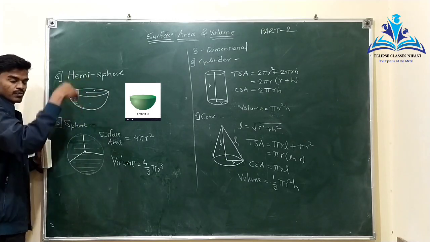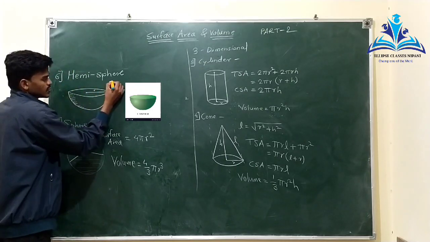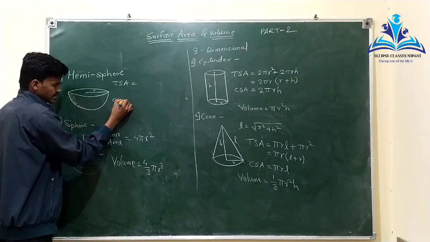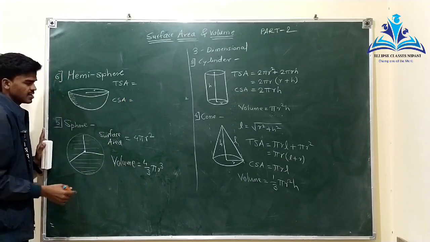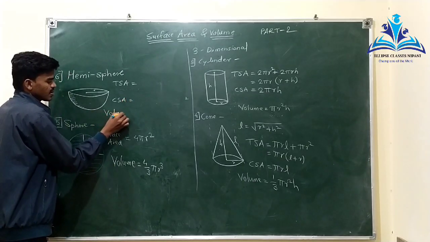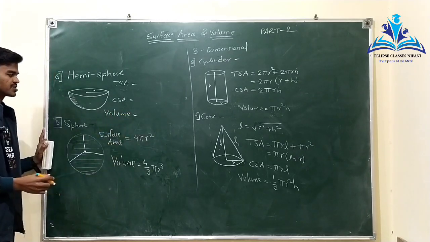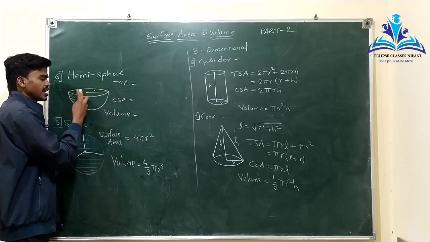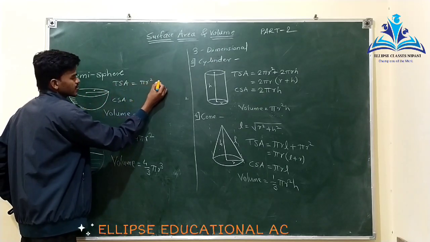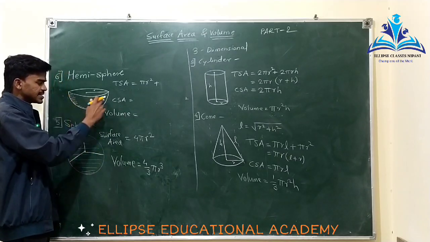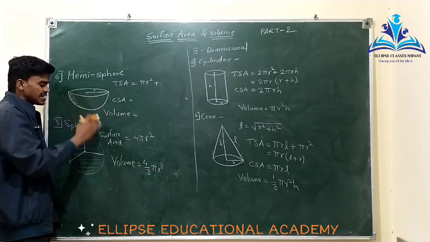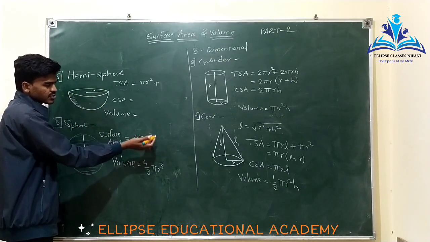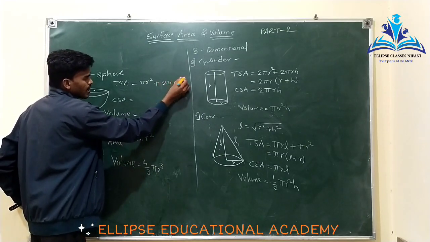This is one circle from the top. Now we need to calculate the total surface area of this hemisphere, the curved surface area, and also the volume. For the total surface area we need to consider this circle, whose area is pi r square, plus this curved surface, which is exactly half of the sphere, so rather than 4 pi r square, there is only 2 pi r square.